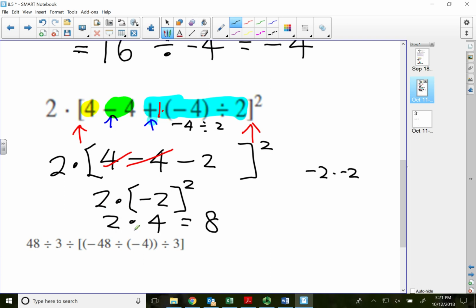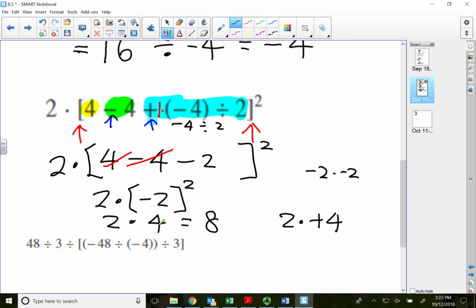So a lot of students ask, Mr. Chen, when you say 2 times positive 4, why don't you write the positive sign? Well, because if I write positive 4 without writing the multiplication sign, it looks like 2 plus 4 to me. So that's the reason why, if it's only one term, I normally don't add extra plus or negative signs within that one term.